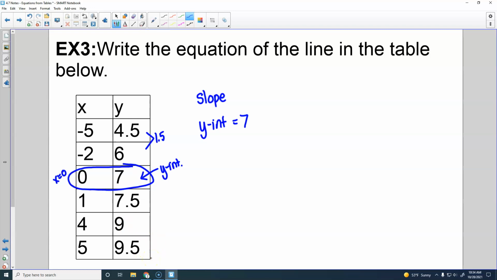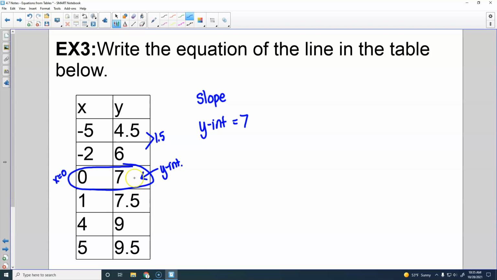So what we need to know is, is this a constant rate of change where we have a slope? Because if it's not, then we just can't write a line at all. So the reason this may still be linear, even though it's not going up by the same amount, is that something that is linear has a constant rate of change. Constant rate of change means that y increases the same amount for each change in x. So something that goes up by 3 on the y's and goes up by 2 on the x's would be constant rate of change.